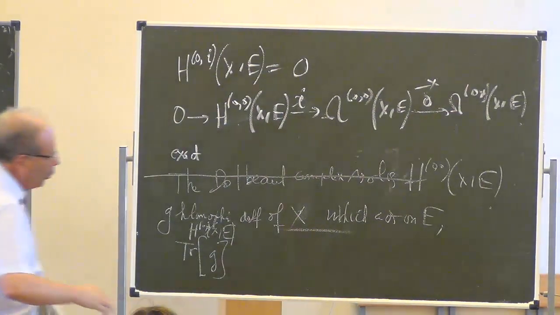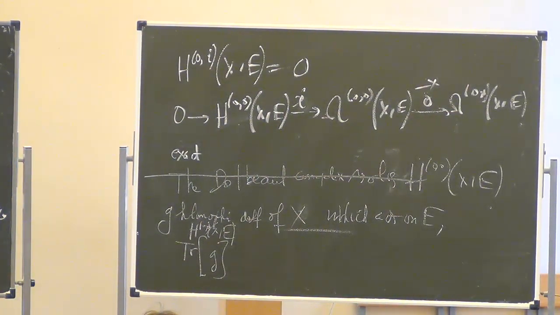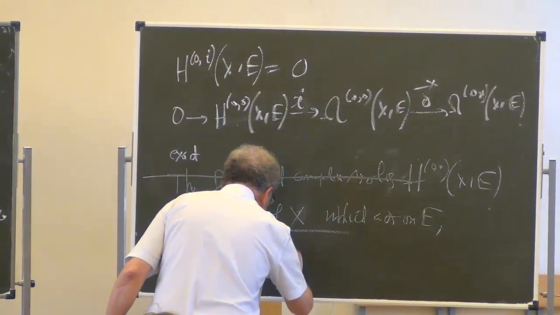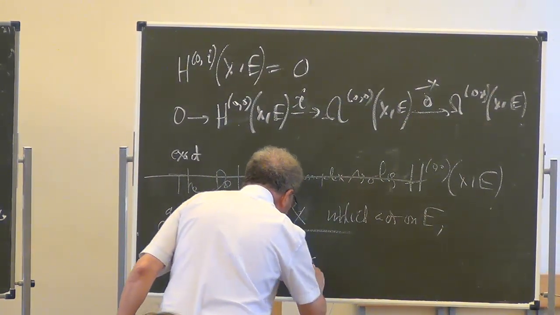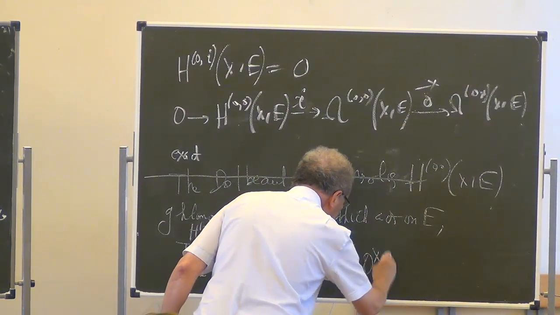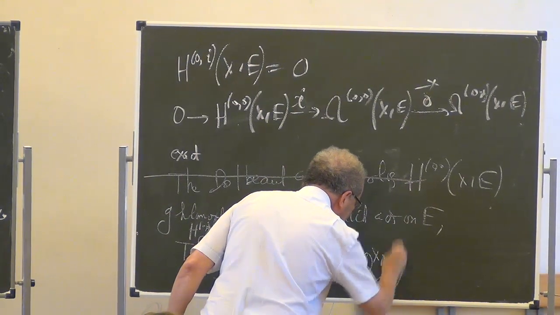In other words, a holomorphic diffeomorphism acts on holomorphic sections of E, and so you can define its trace. And basically, for the same reasons as before, you can replace the trace by the supertrace of G exponential of minus D_X squared divided by b squared.